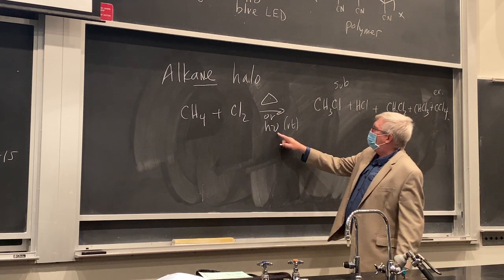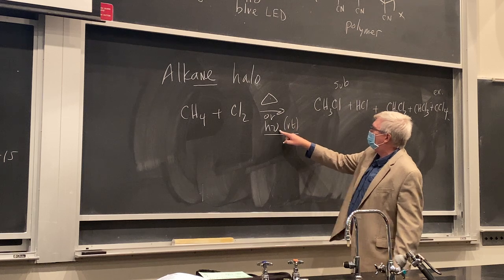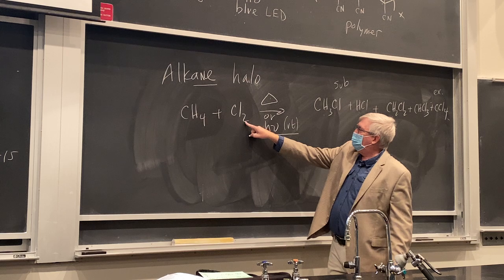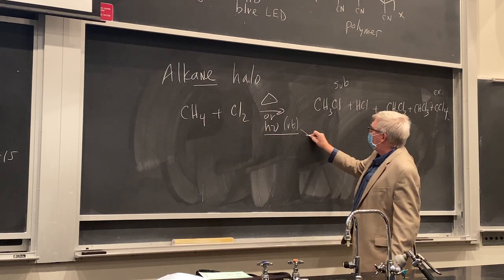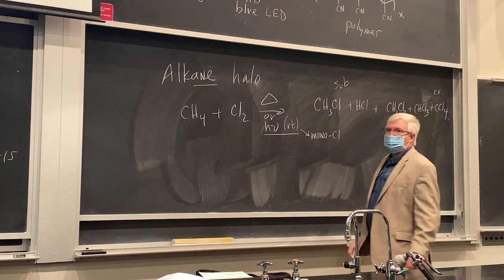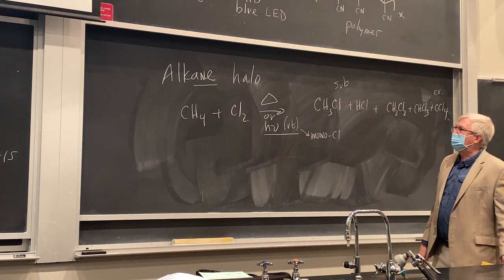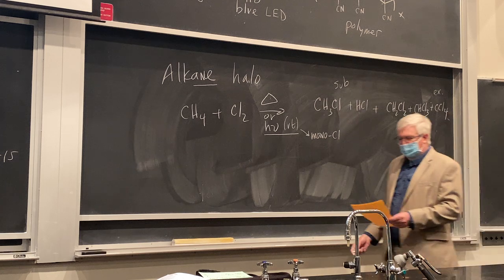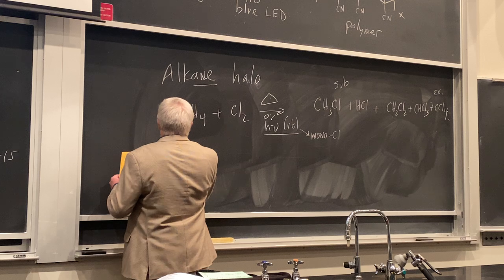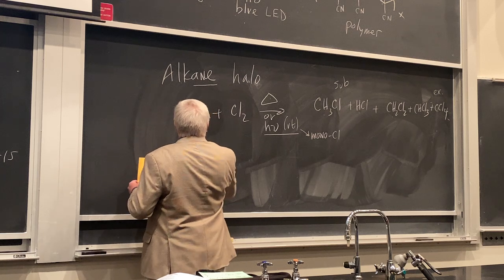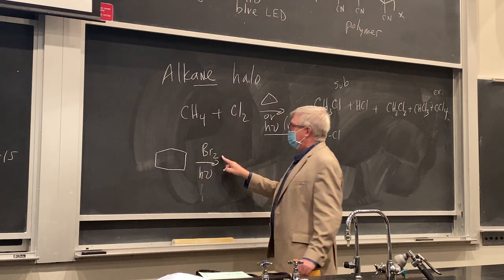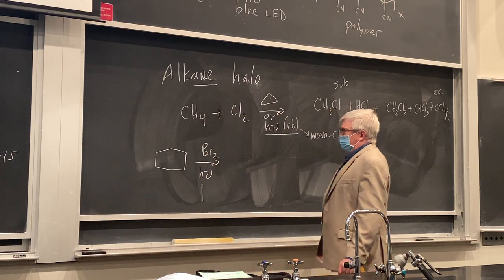But if we use light at room temperature instead of heat, and especially if we just use one equivalent here, we can often just get monochlorination, which is very useful. And we'll see that applies for bromination also. So let's look at a couple other examples of this. Let's do bromination with light at room temperature, and one equivalent implied there. So what do we get?